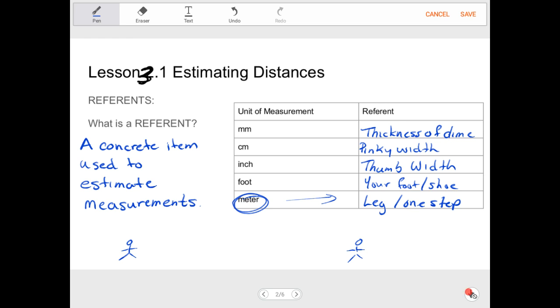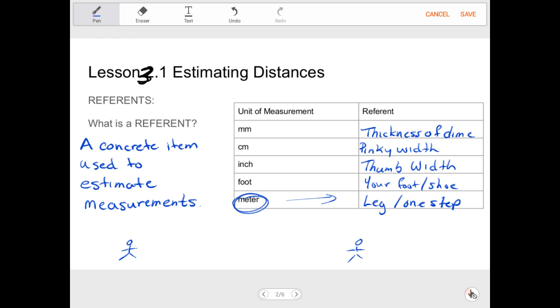So you could start at one end and count your steps to the other. You could then estimate and say, well, I took 32 steps, so I estimate their distance is 32 meters apart. So you see, it's a concrete item. It's something that you can touch, something that you can use and place, okay?